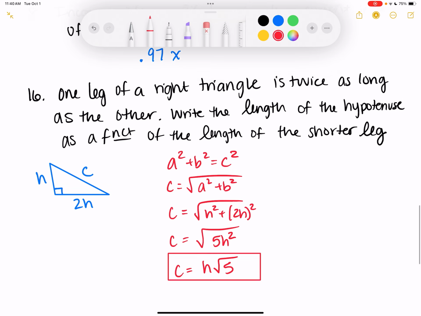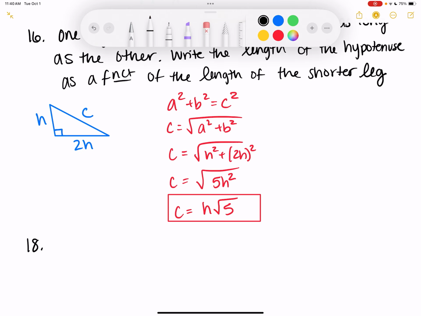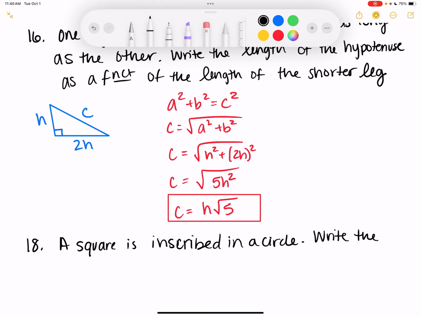18. A square is inscribed in a circle. Write the area of the square as a function of the radius of the circle.